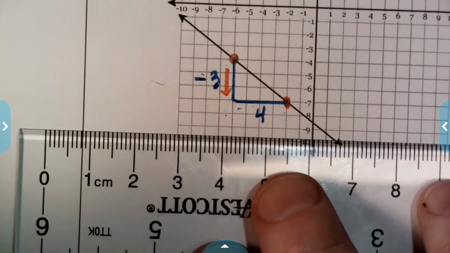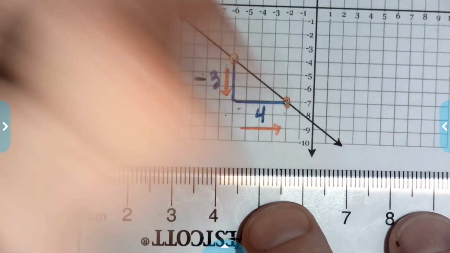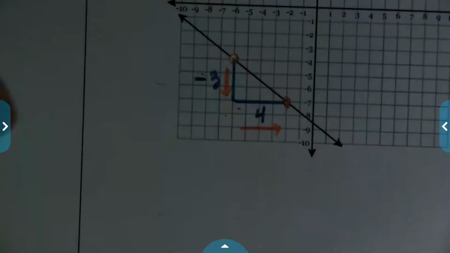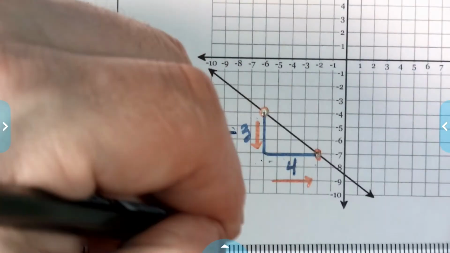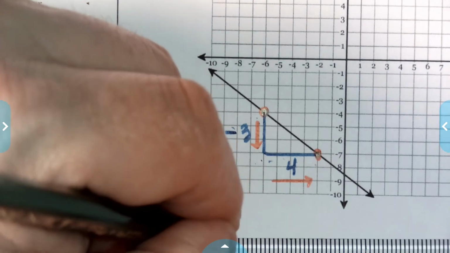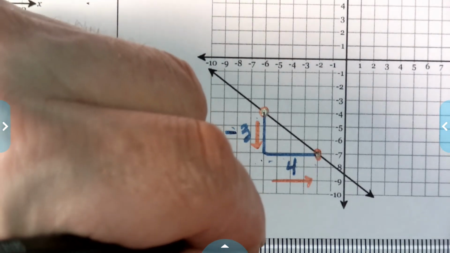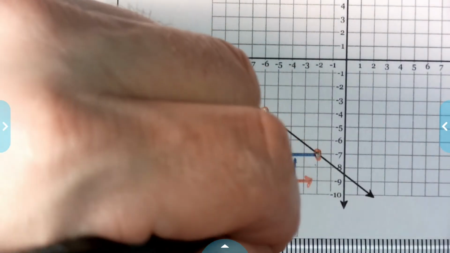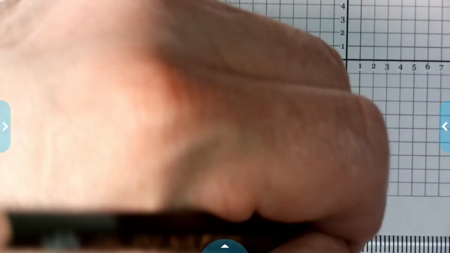And your run is 4. And then they want us to state the slope. Okay. So slope m equals -3/4.